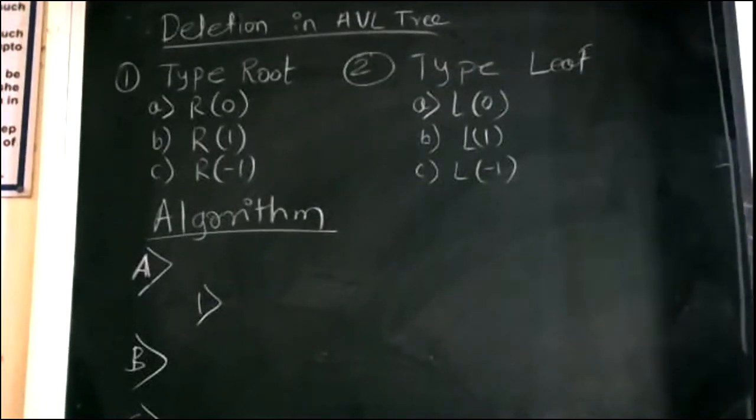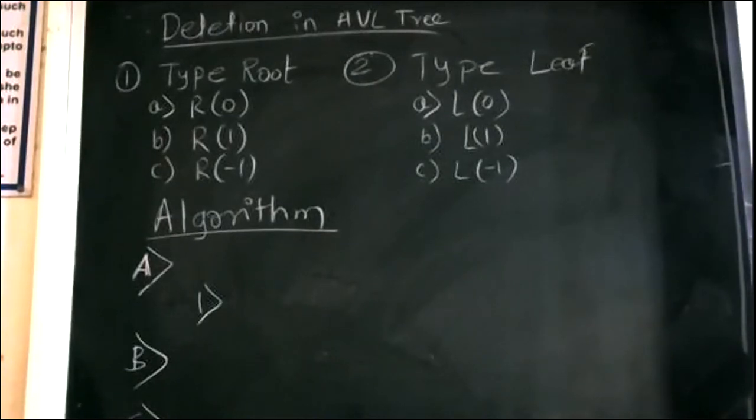If it is in the left subtree, it is left deletion; if it is in the right subtree, it is right deletion. Last sentence I will repeat.